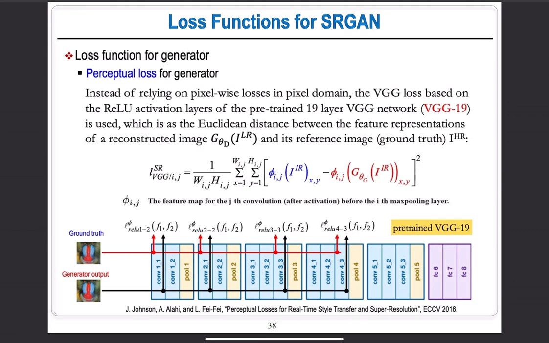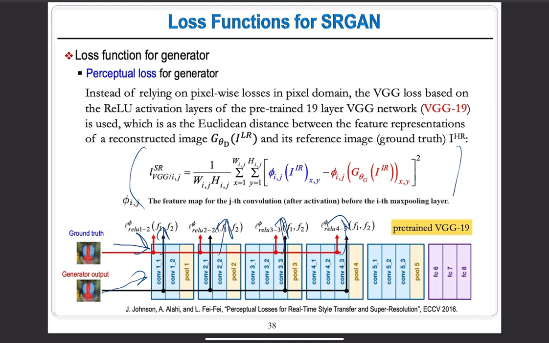And in this slide, we can see the mathematical formulation of the VGG loss. The loss is computed as the Euclidean distance between the VGG feature maps of the generated images and the ground truth images.